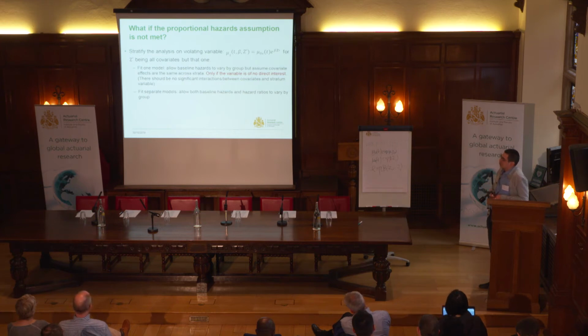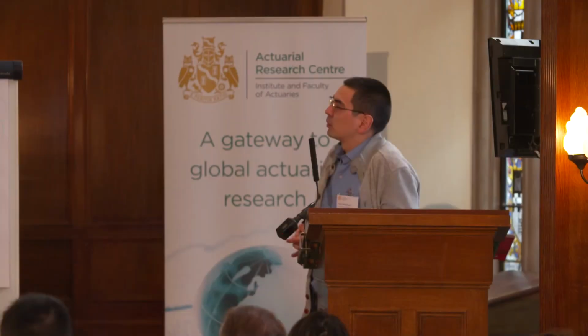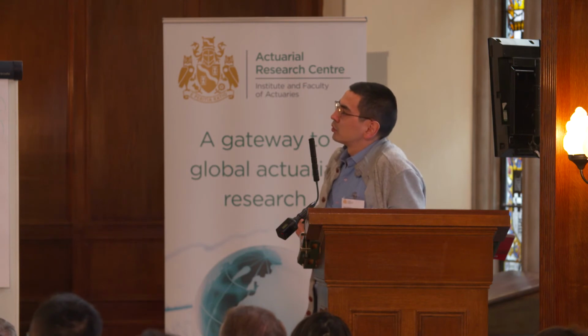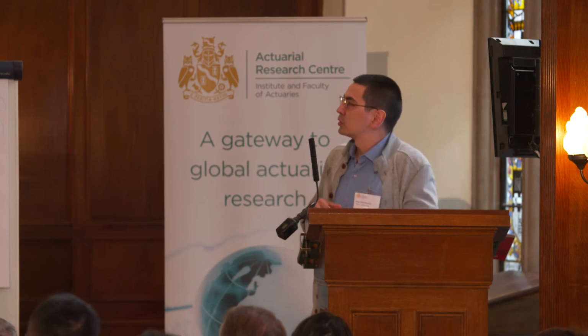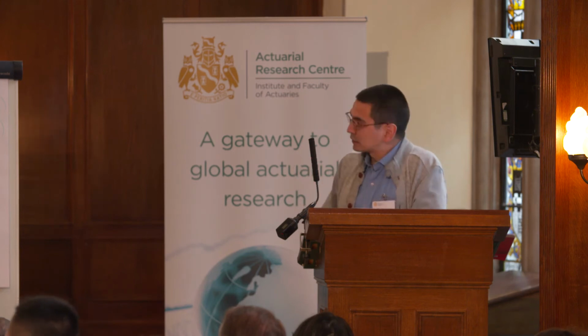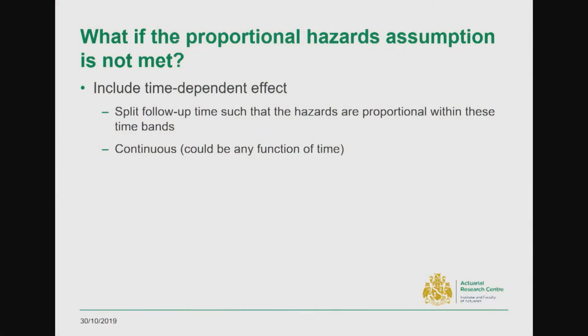Another way of doing it is to just fit separate models. We will have a look at it using our example. So we want to fit separate models for the covariate, and in our case, it's sex.